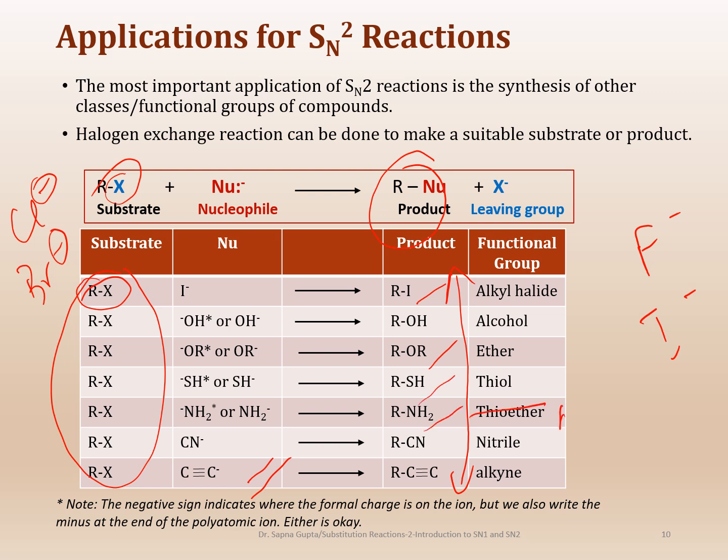Okay, amine. This is not a thioether, this is an amine. So you can make that, or you can make a nitrile, which is a CN. So CN we think of as cyano group, but in organic chemistry we call it nitrile. And then here we can also make an alkyne. So you can see all different functional groups we can make. Which means that as we go through our organic chemistry and we are doing more functional groups, we will be making them using SN2 reactions.